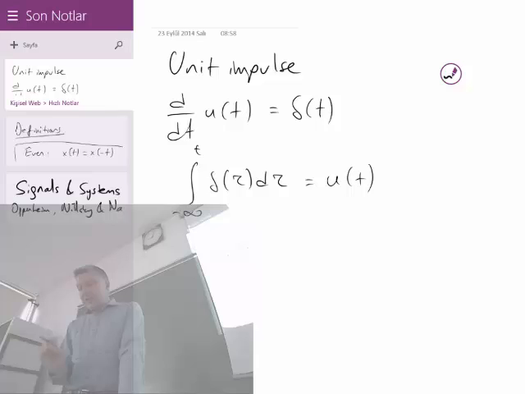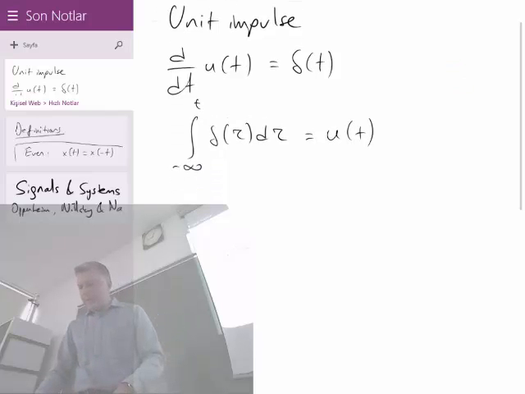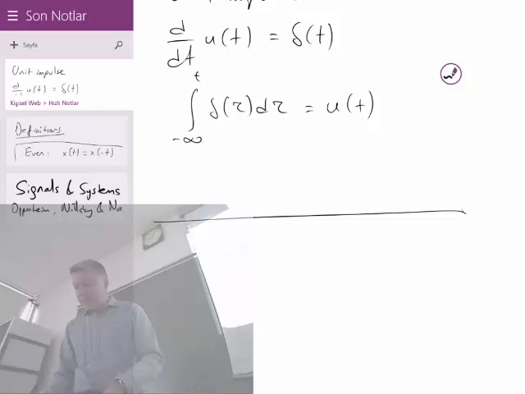So it's such a function that if you integrate from minus infinity up to a certain time interval, let's see what happens. This is your time axis. Suppose that your 0 is somewhere here. And let's assume that your first t corresponds to somewhere here.